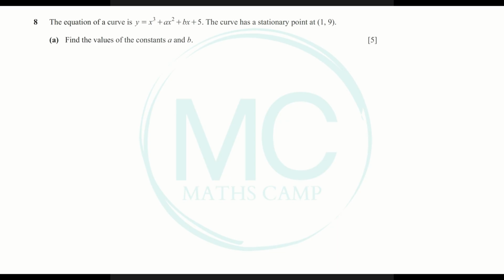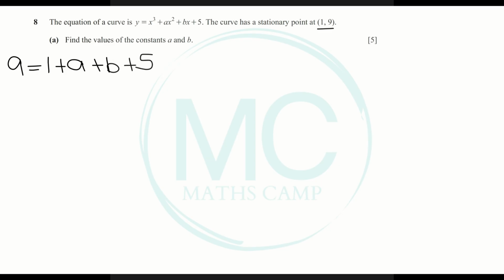The question tells us that the stationary point has coordinates (1, 9). That means that when x is 1, y is 9. So to create our first equation, we can say y, which is 9, is equal to x is 1, 1 cubed is still 1, plus 1 squared multiplied by a, which is a, plus b multiplied by 1, which is b, plus 5.